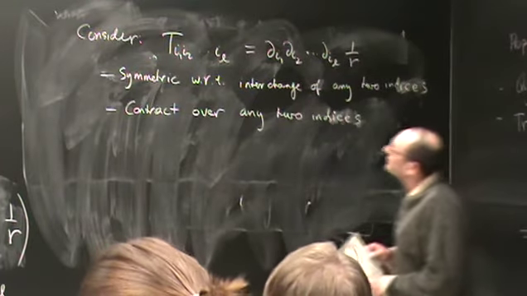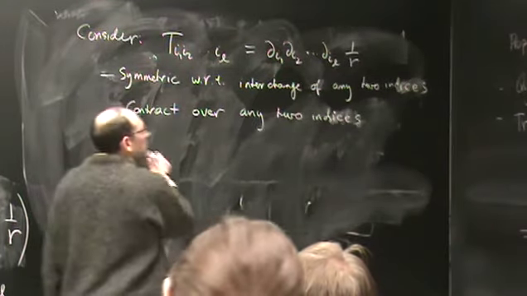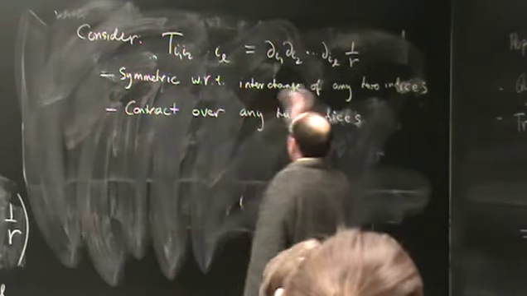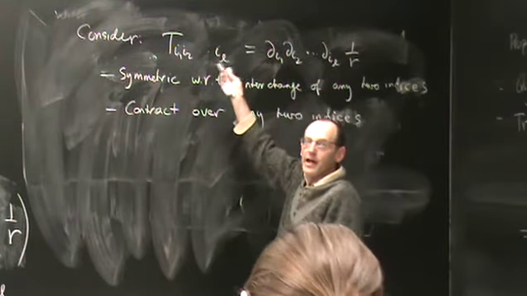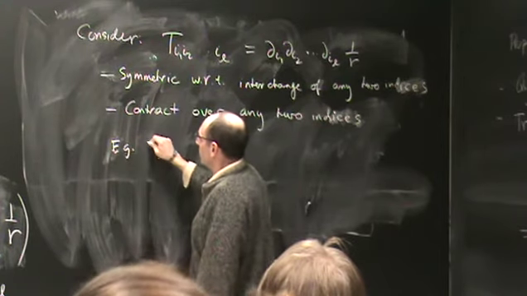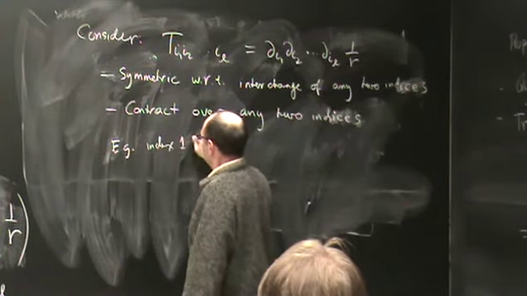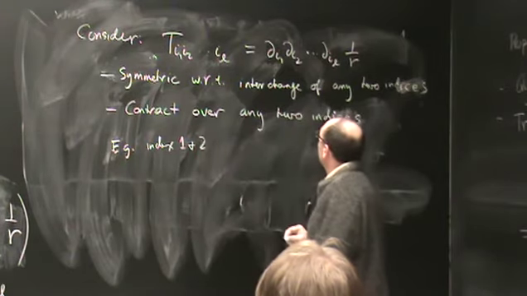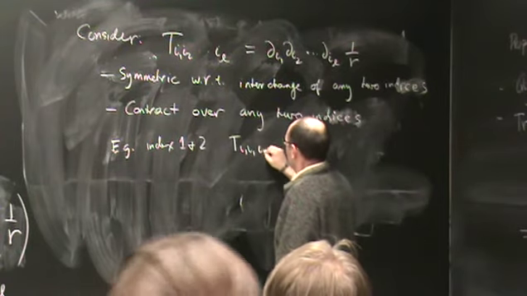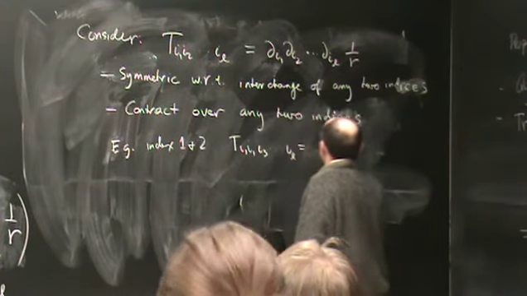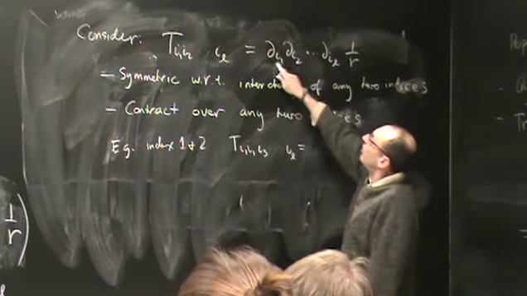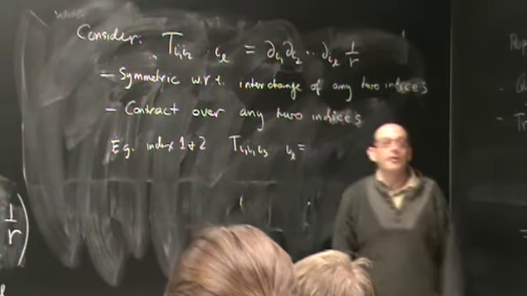So, what can we say? Why is that true? Let's contract over any two. I contract over the first two, it doesn't matter which two I do. Let's say I contract over index 1 and 2. When I contract this, what is the result if I sum over the first index?